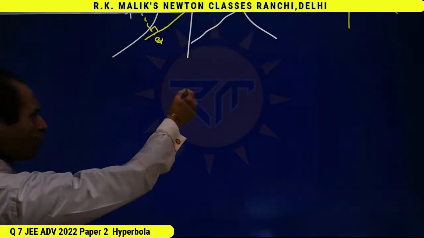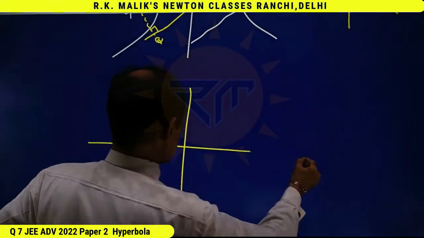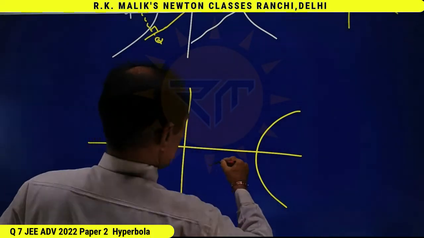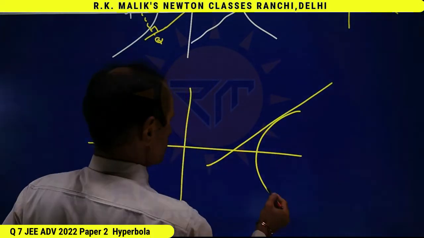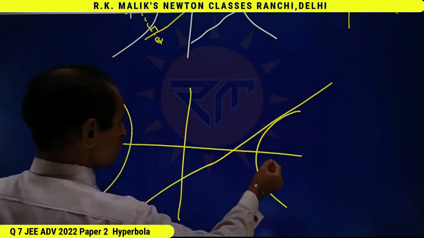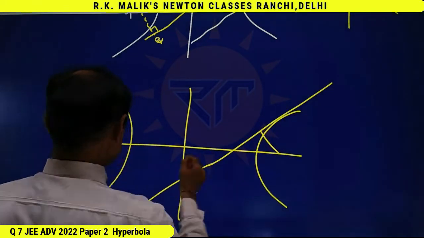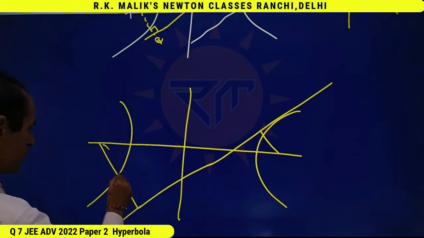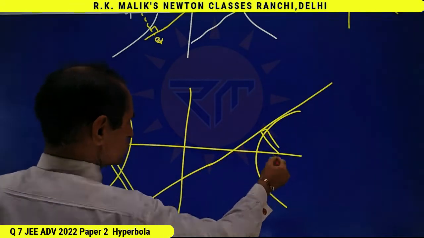And we know a property of hyperbola that for any tangent, when I will draw perpendicular from focus to the tangent and perpendicular from the other focus to the tangent, the product of these two distances is always equal to b square. This property is there in the case of hyperbola also and ellipse also.